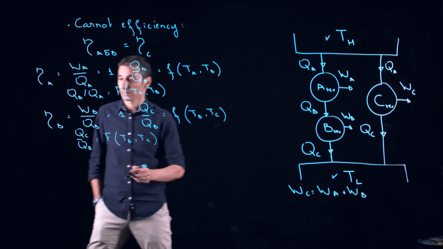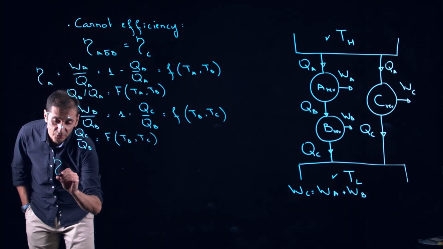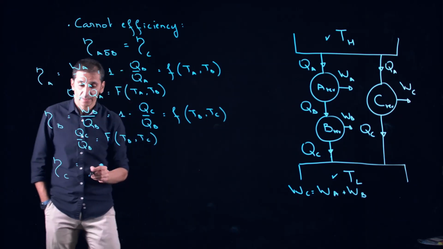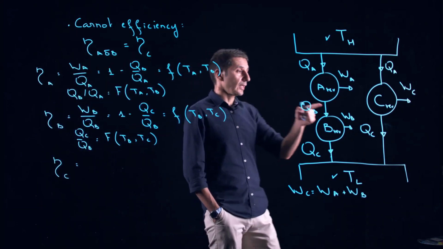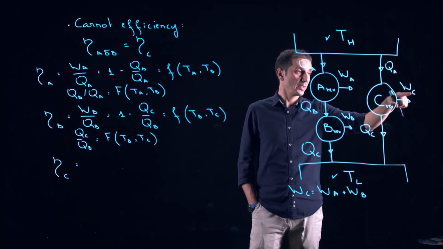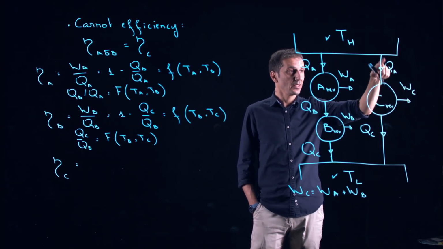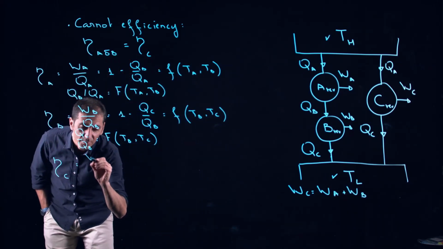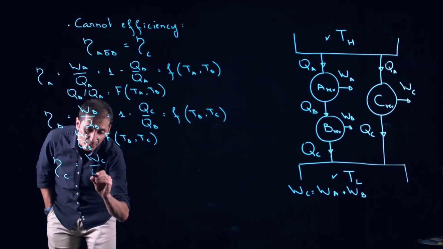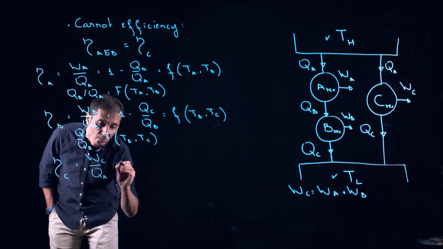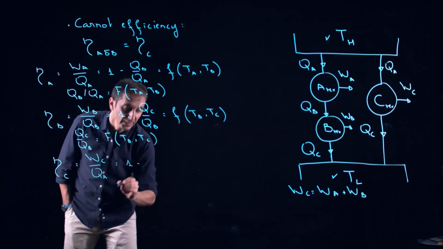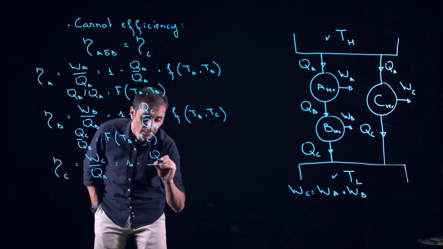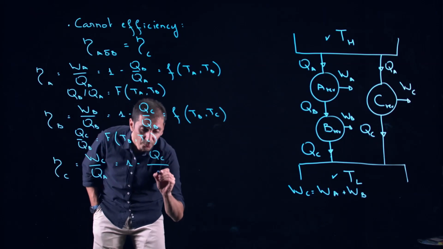And the last one, our thermal efficiency for heat engine C, is equal to what? Engine C is producing a work WC and has QA as an input in terms of heat. So this is WC over QA, which is equal to 1 minus QC, which is what we are rejecting, our Q out, over QA.